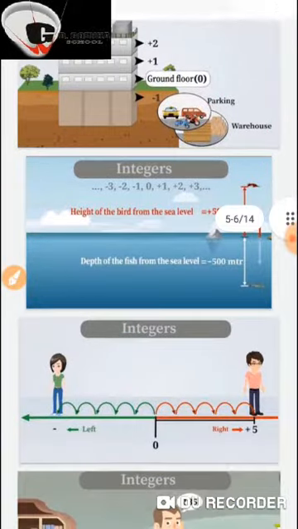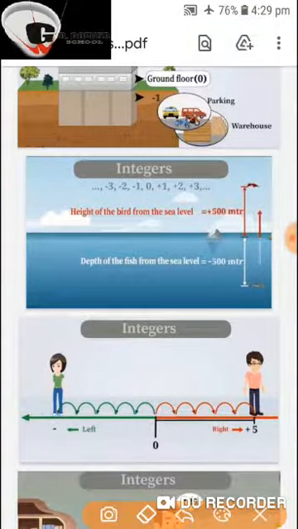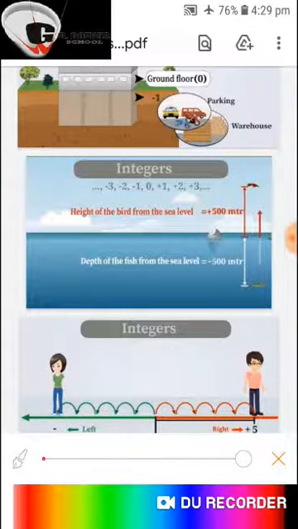Let us take another example. Suppose a bird is flying at a height of 500 meters above the sea level, and a fish is at a depth of 500 meters below the sea level. So how can we represent the distance between the bird and the fish with respect to the sea level?